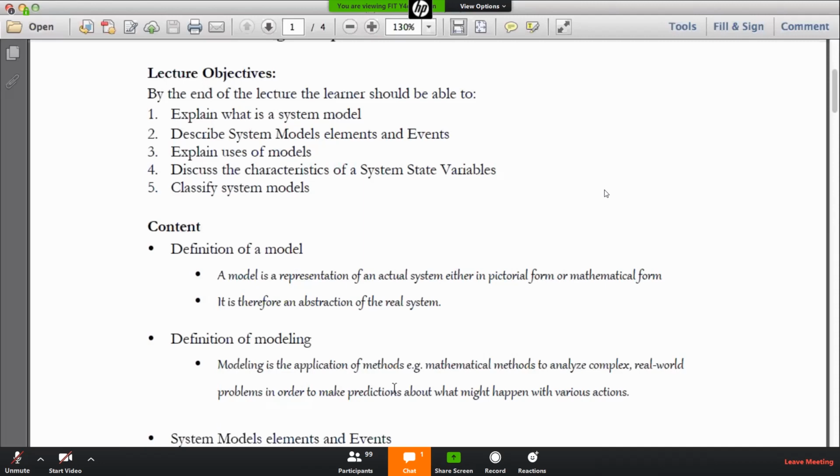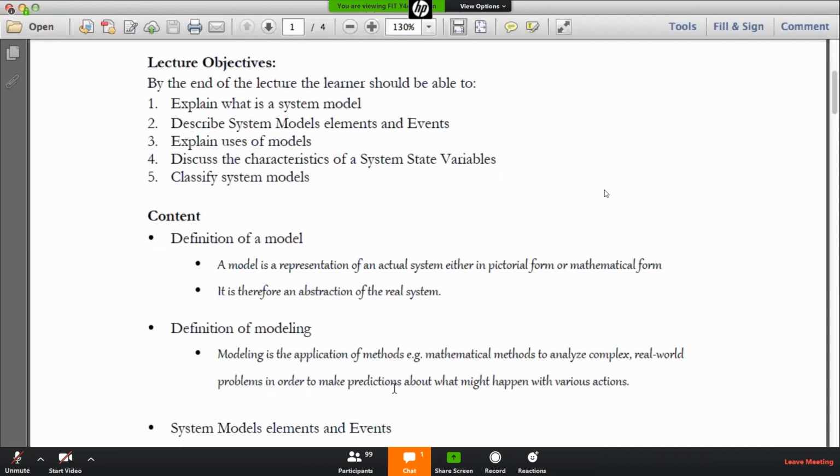And therefore, modeling, in simple terms, is the process of coming up with a model by the application of methods. These methods, specifically, for the purpose of this course, let us say mathematical methods to analyze a situation and then come up with a representation. And the whole thing here is you want to solve the problem.